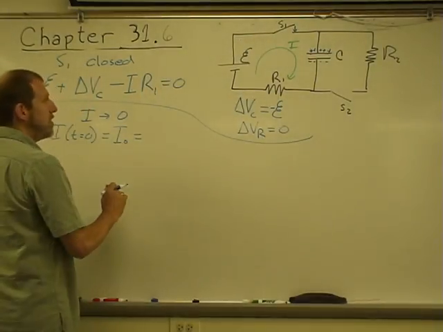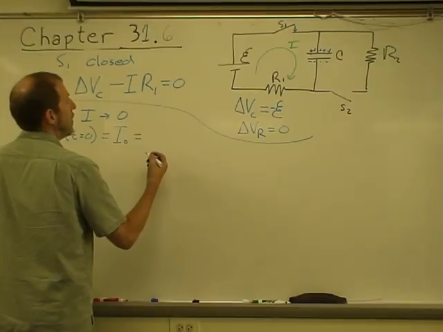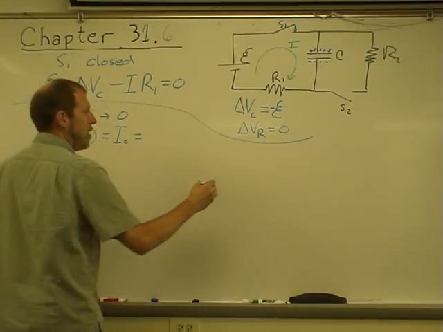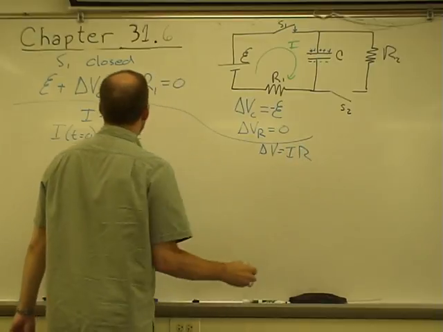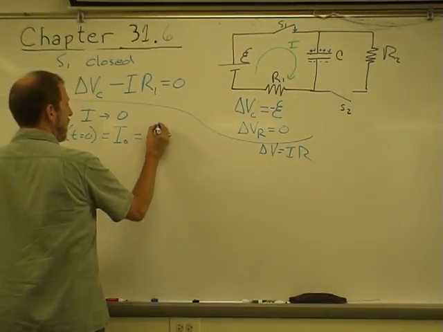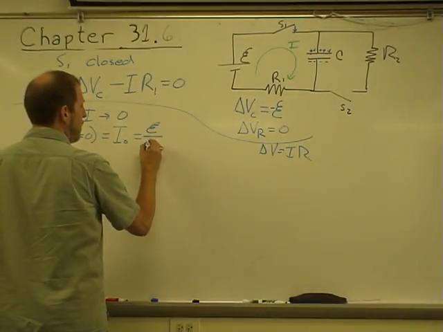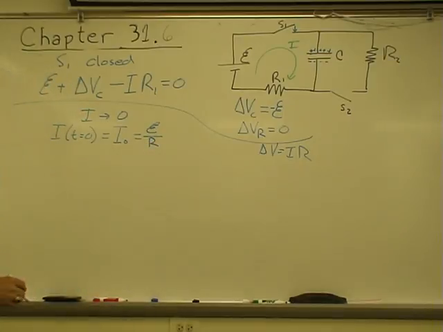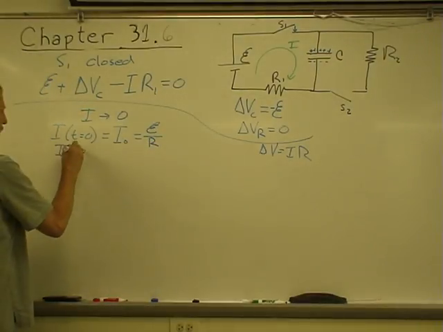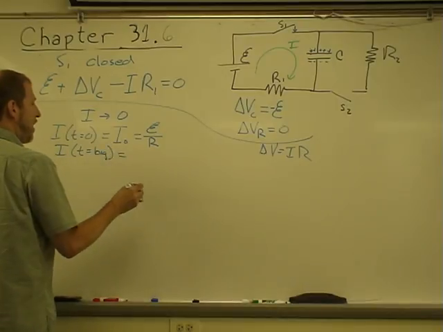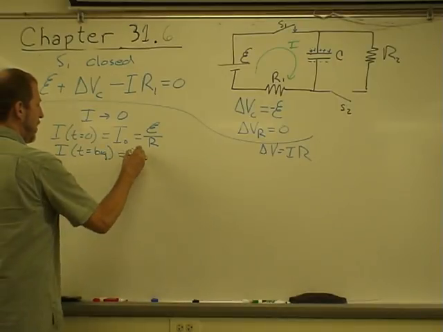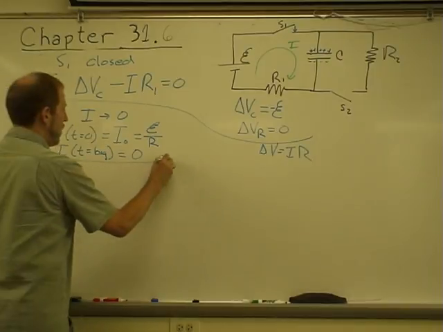From Ohm's law, delta V equals IR, so it starts off as the EMF of the battery over the resistance of the resistor, and as time goes to some big number, it goes to 0.